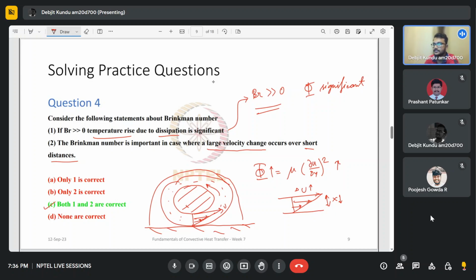So I drew this in an exaggerated fashion, but in a real journal bearing, this distance is actually very small. It's just a thin film of lubricant around the shaft. So there, this delta x is very small and u is very large. So in an application like this, the viscous dissipation as well as Brinkman number becomes important.